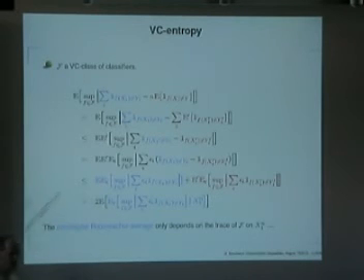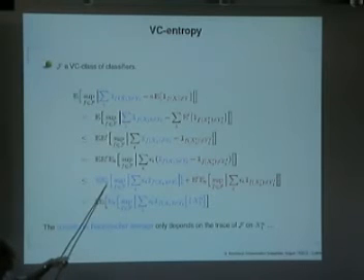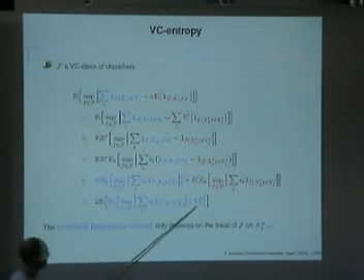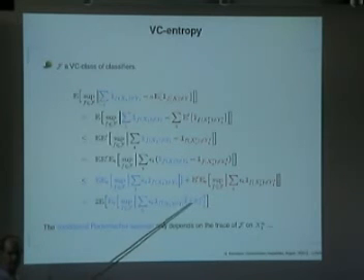Then I invoke Fubini again, and I put the expectation over the epsilon, the Rademacher variable, inside, and I get this expression where the blue quantity should be considered as something which is conditional with respect to the sample.